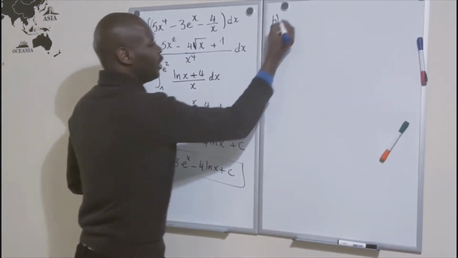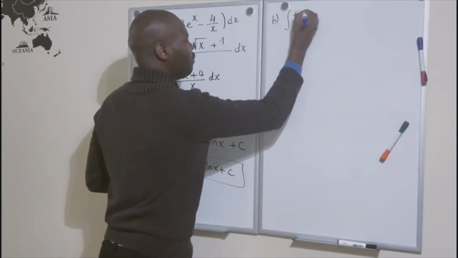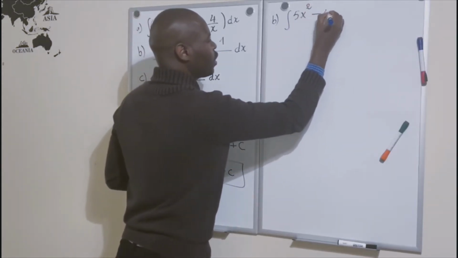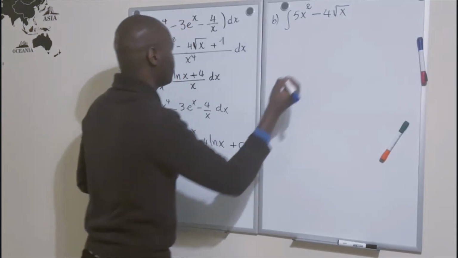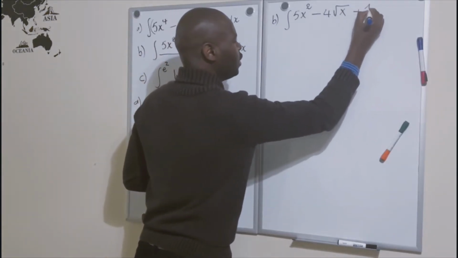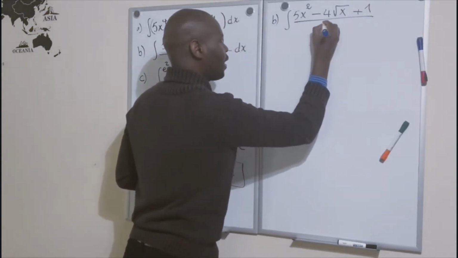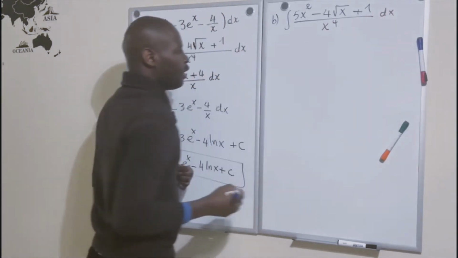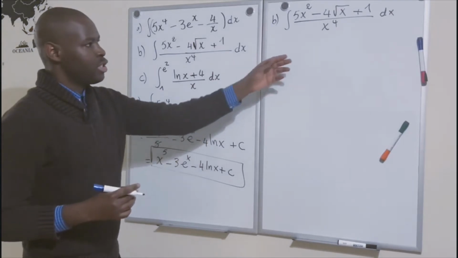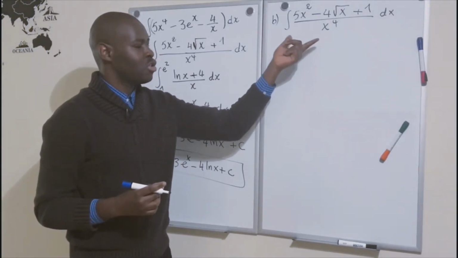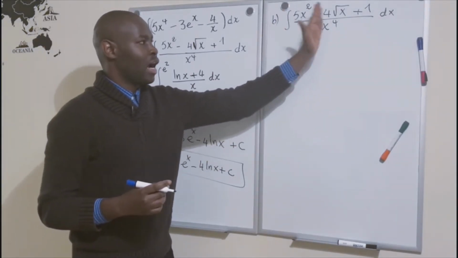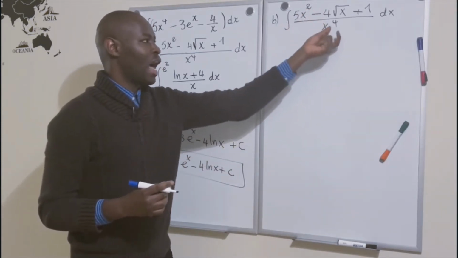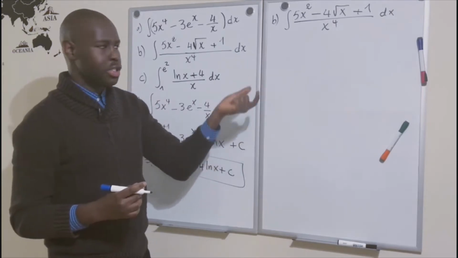So we have the integral of 5x squared minus 4 square root of x plus 1, everything divided by x to the power 4, dx. Now same idea, but here since everything is divided by x to the power 4, we can break down our division so that each term will have x to the power 4 underneath it.